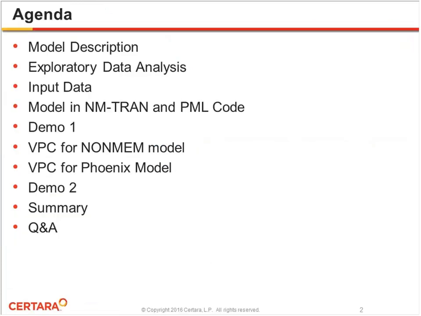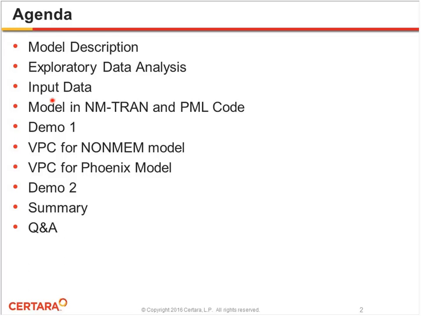So here's our agenda for today. As usual, we start with a brief description of the model, and then we look at some plots of the actual data to explore, and then we also compare the two inputs for the NONMEM and the NLME model.